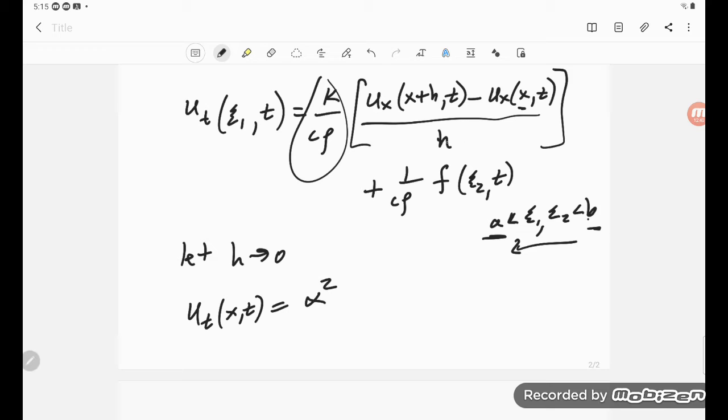And then here, notice as h goes to 0, we just get the second derivative with respect to x, because h is the x variable. And so that's where we get the u_xx of x and t. This thing becomes that second derivative with respect to x.